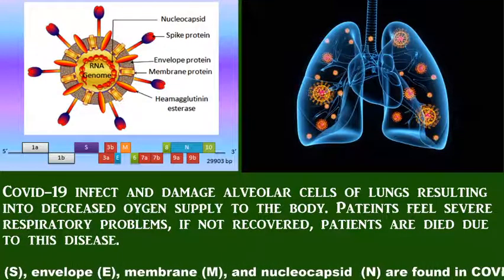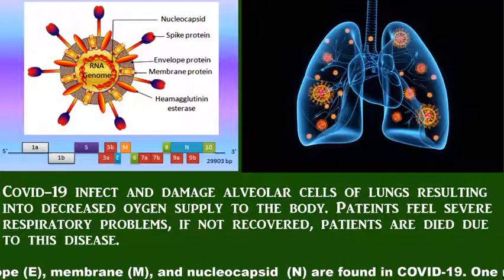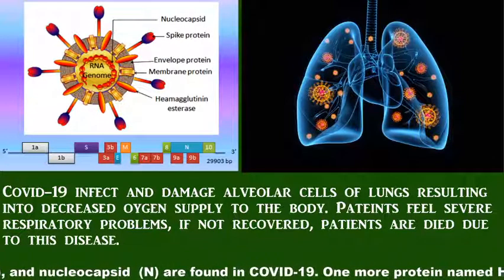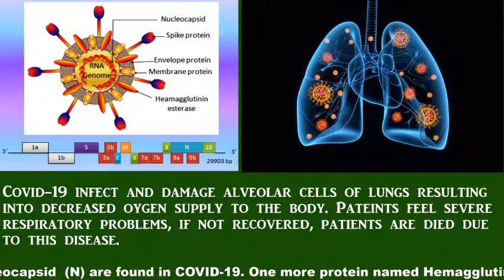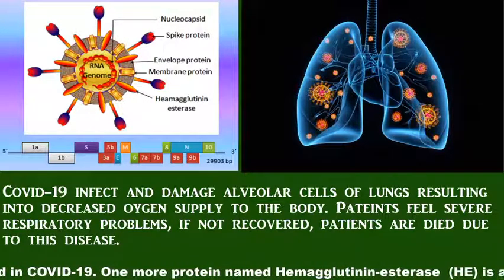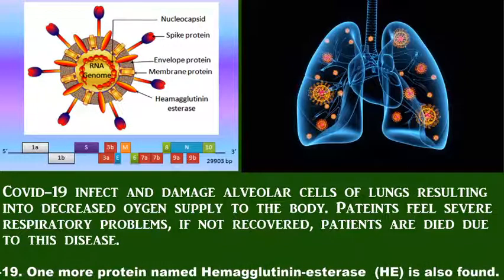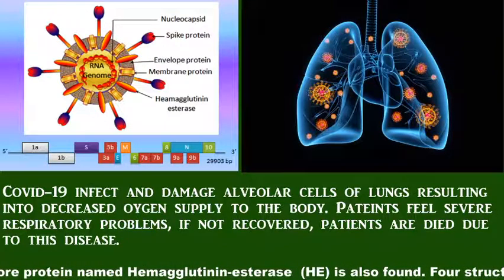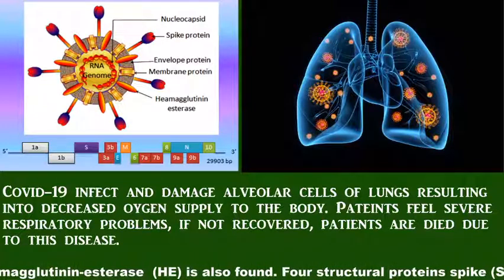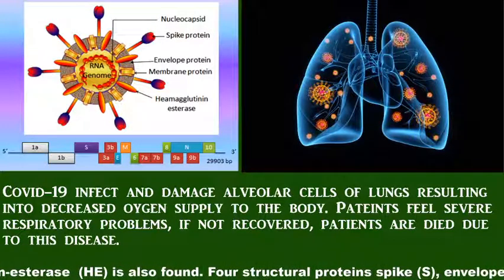the virus attaches with the alveolar cell, and through the plasma membrane of the alveolar cell, this virus injects its genetic material, that is RNA, inside this cell.